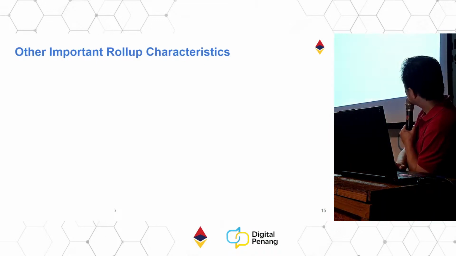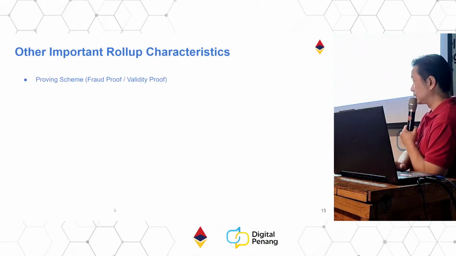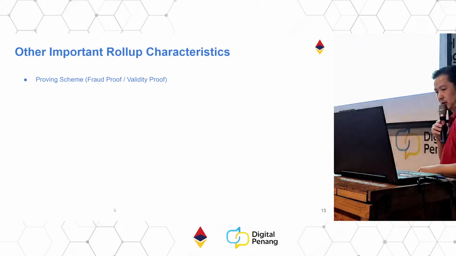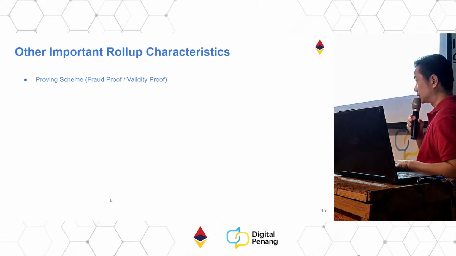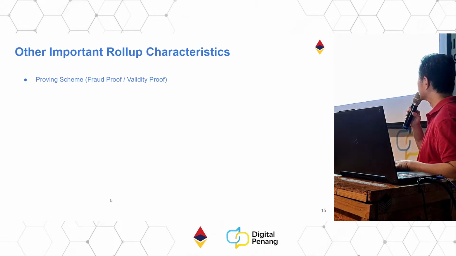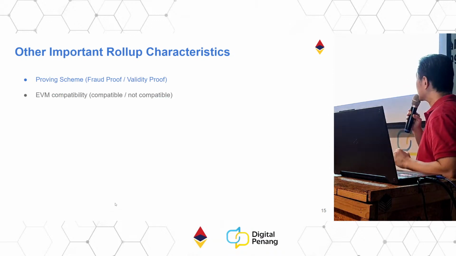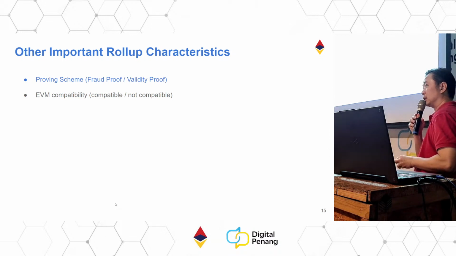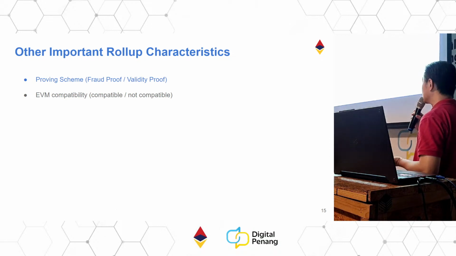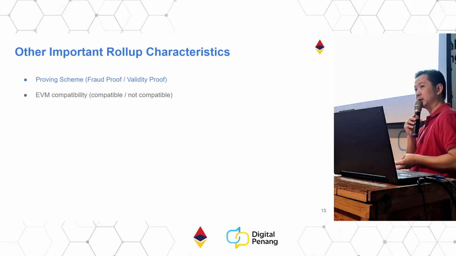Okay, some other important characteristics or properties of a rollup that you need to know as a developer. So this I already covered previously. And you also need to know whether the rollup is EVM compatible or not.